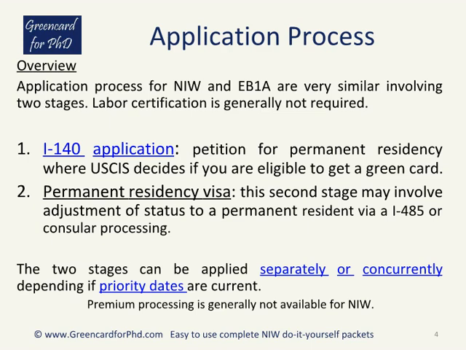This step is slightly different if you are not within the United States. You follow a process called consular processing if you are outside of the United States to obtain permanent residency. The choice of consular processing versus I-485 application is selected during the I-140 application.